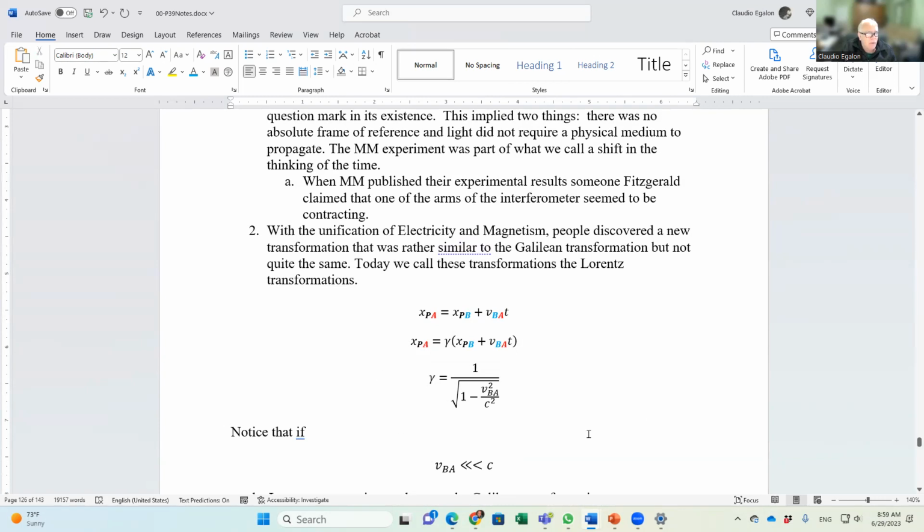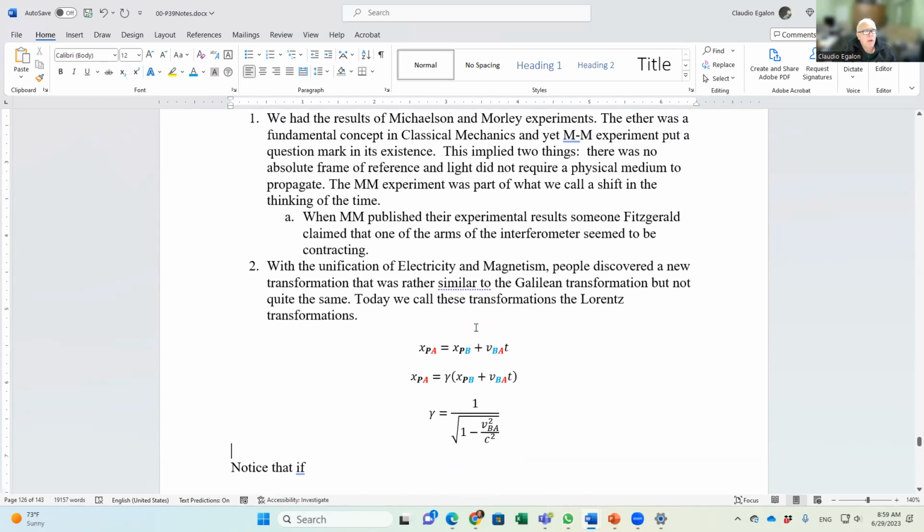They couldn't make sense of those two discrepancies: the Michelson-Morley experiment and the Lorentz transformation, including the Lorentz-Fitzgerald contraction. Even though it was Fitzgerald who first suggested that, in the end people started calling it the Lorentz-Fitzgerald contraction.